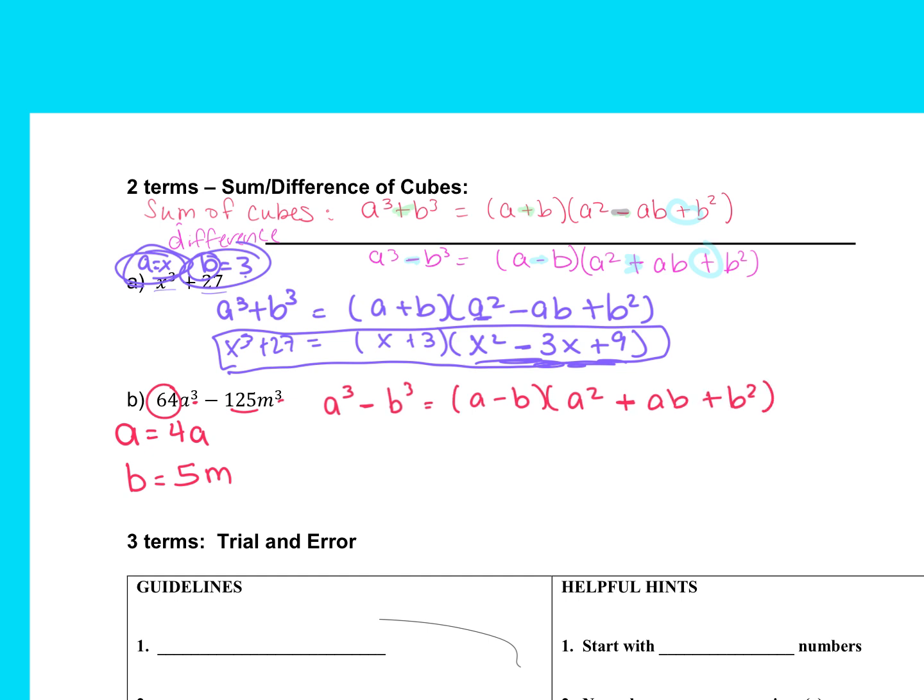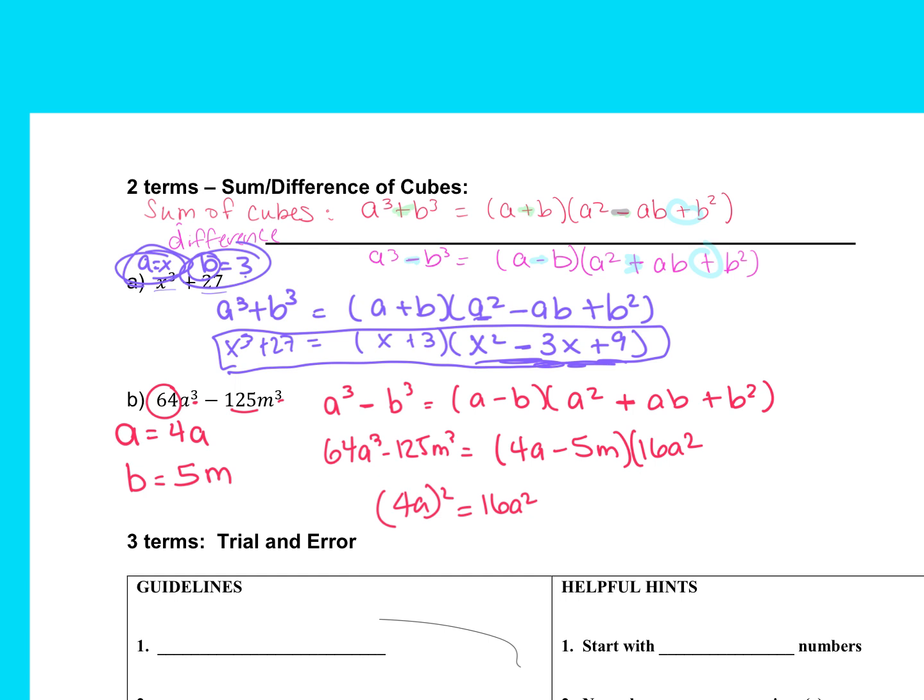Okay, so with what I have, just like I did up there, a minus b, where a is 4a and b is 5m. So subtract those two. You're going to square a. Remember, a is 4a. If I square that, I'm going to get 16a squared.